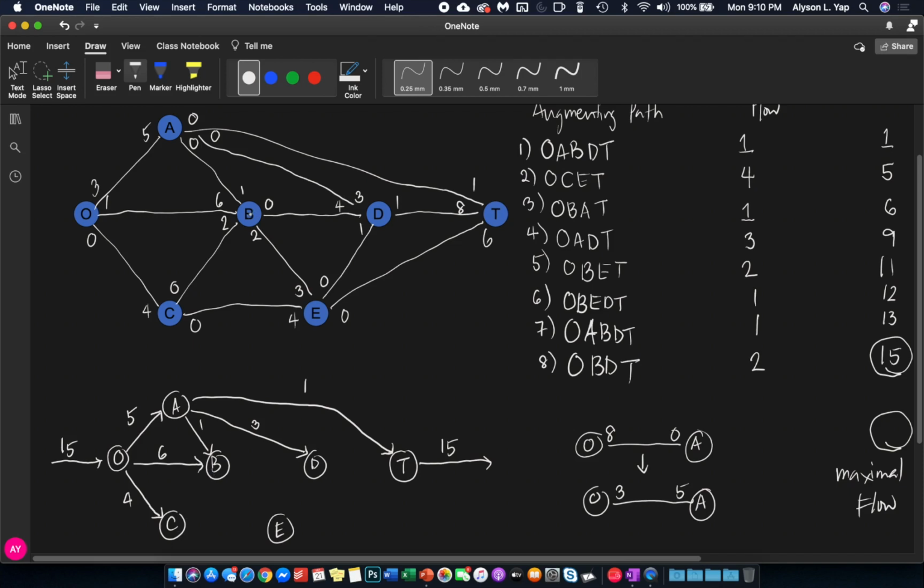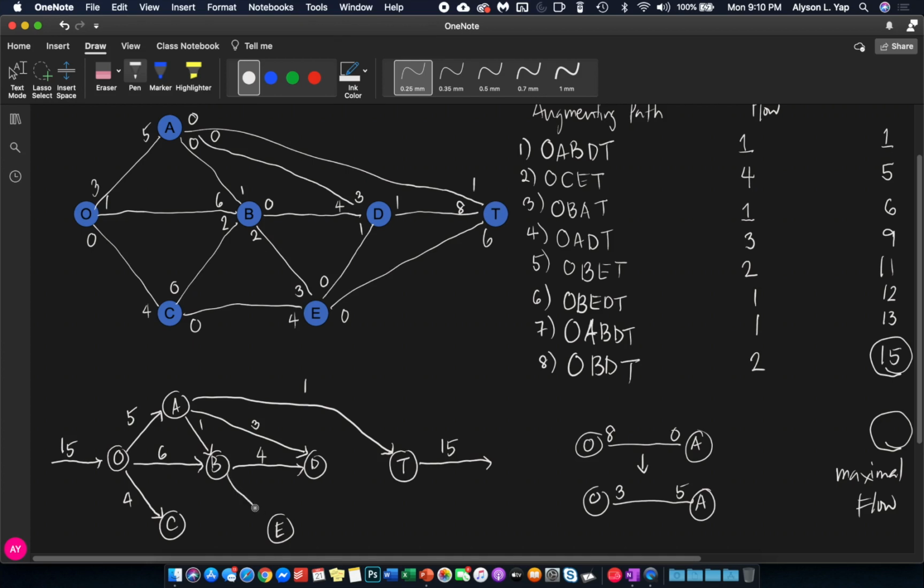If you look at the capacity between B and D, the capacities are 0 and 4. Therefore, we know that 4 units moved here. In the same way, the capacity between B and E is a 2 and 3, no?